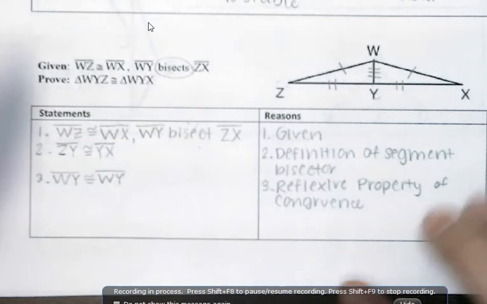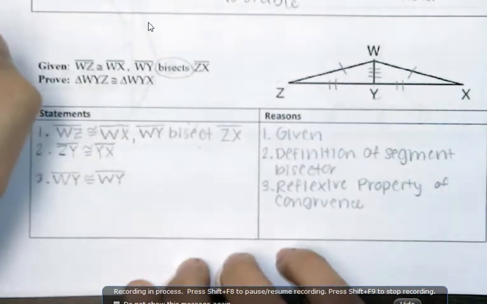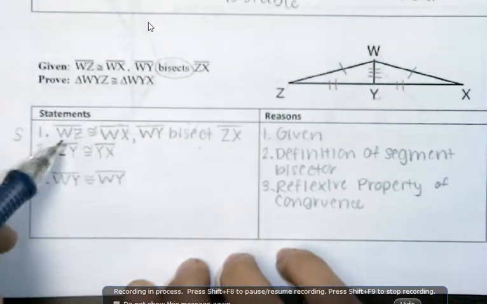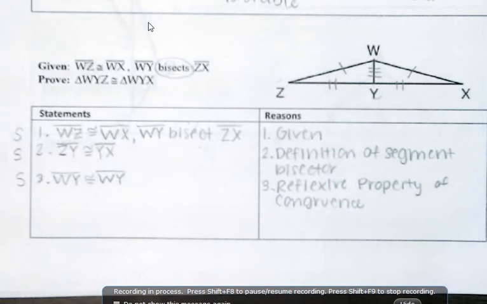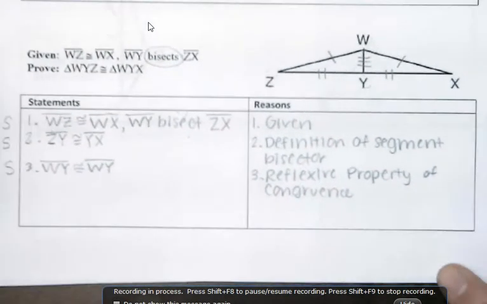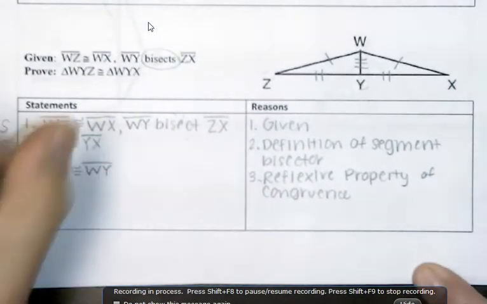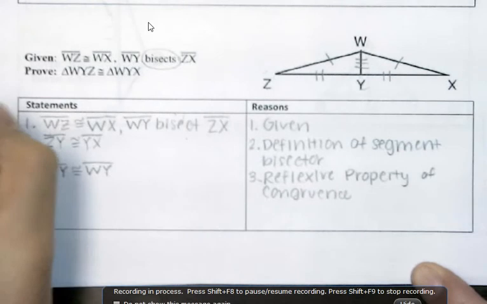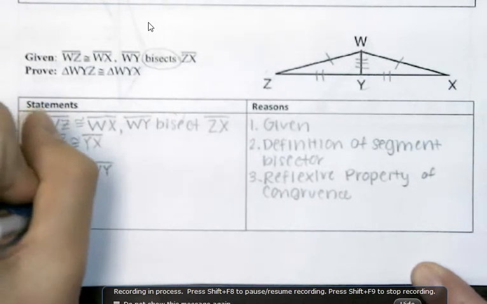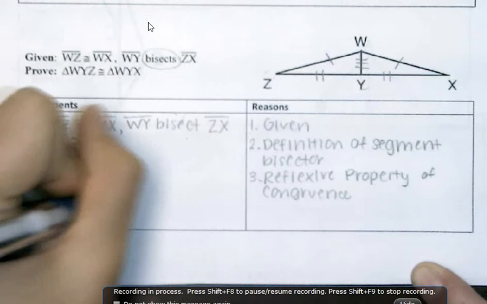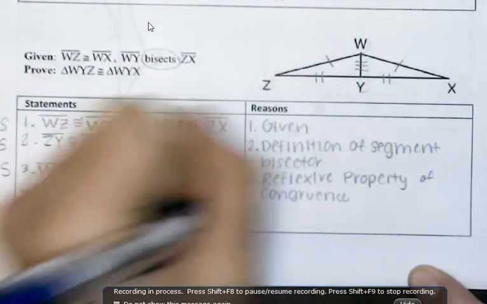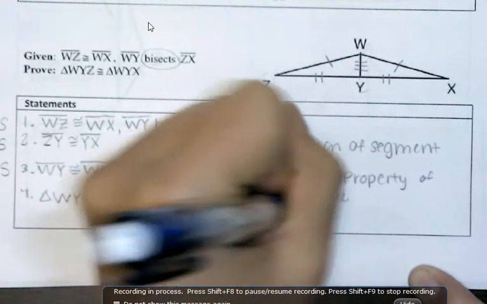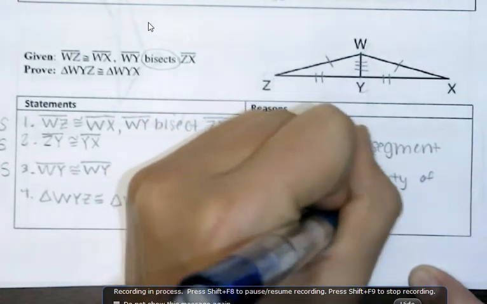Alright, so if we look back, we satisfied 2 sides being congruent here, another two sides being congruent, and then our last pair of sides being congruent. So we have three pairs of sides being congruent. And so now we can say our final step, that triangle WYZ is congruent to triangle WYX. And the reason is the side-side-side congruence theorem.